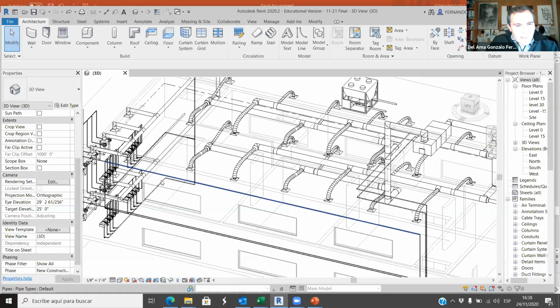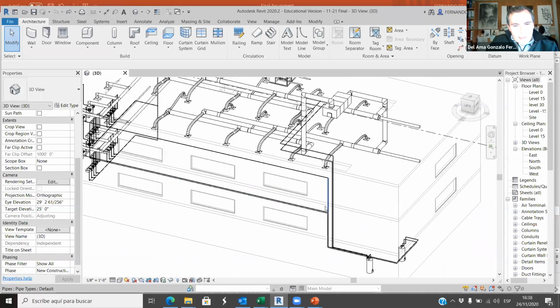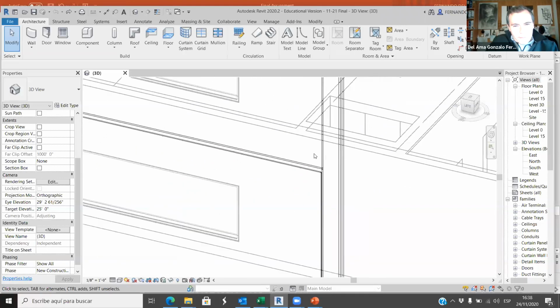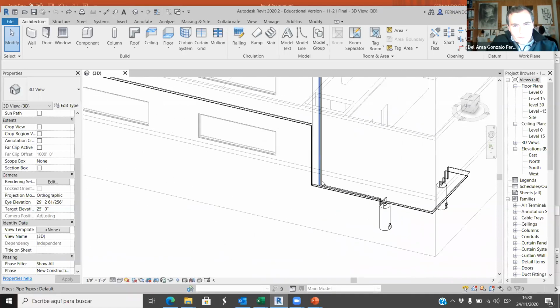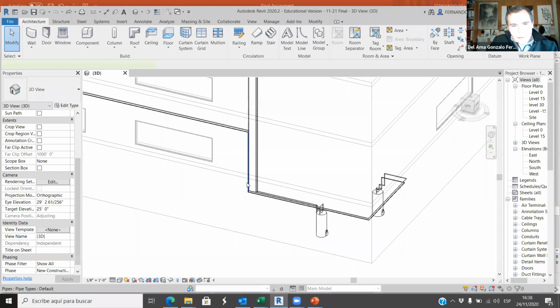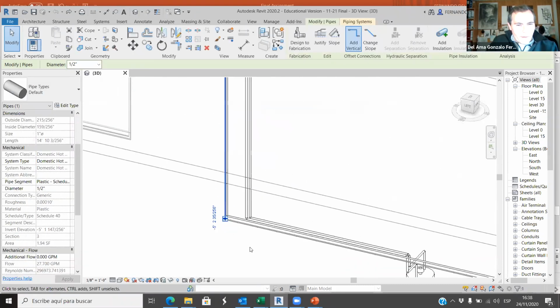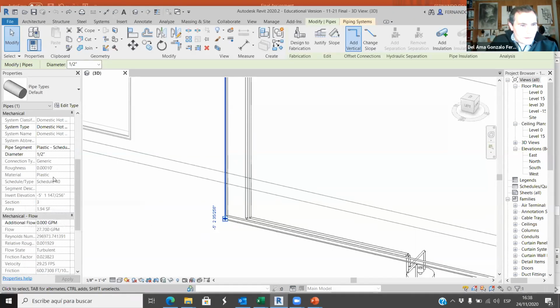So that means that when we are connecting all this together, as of this point, when we are connecting the second floor and the first floor together, this diameter is 1/2, so it's even worse.